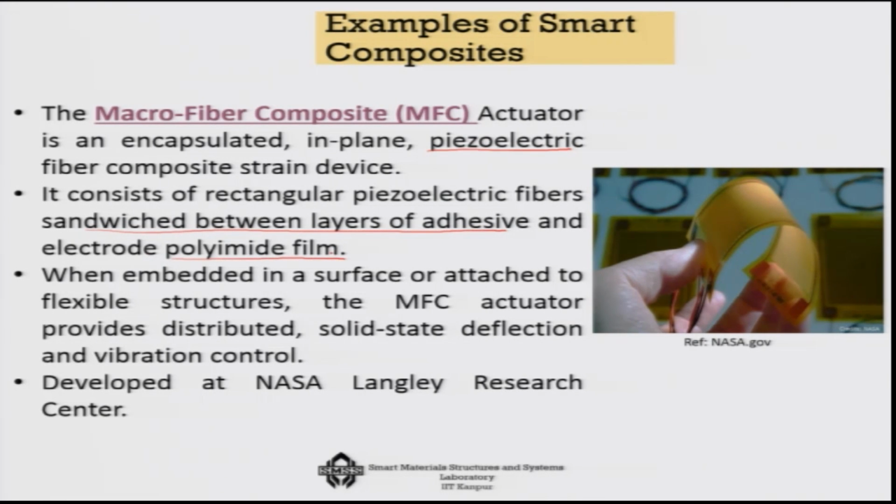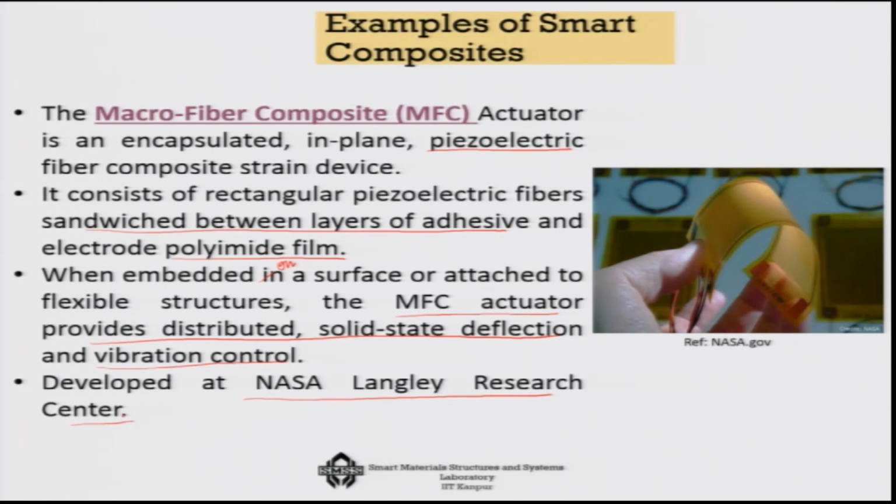So, this yellow color that you have seen is because of the polyamide film. When you embed it inside or bond it on a surface, or attach it to flexible structures, this MFC actuator will provide you distributed deflection and vibration control. It was developed at NASA Langley Research Center.